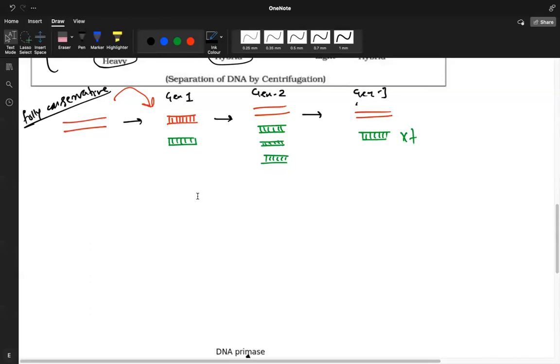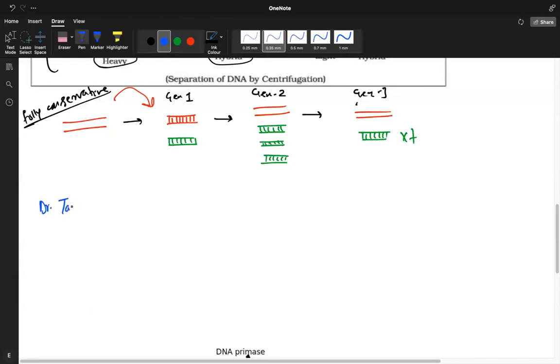Now, in animals, it is a little tricky to do that experiment for various reasons. But there was a group that was headed by a scientist called Taylor.